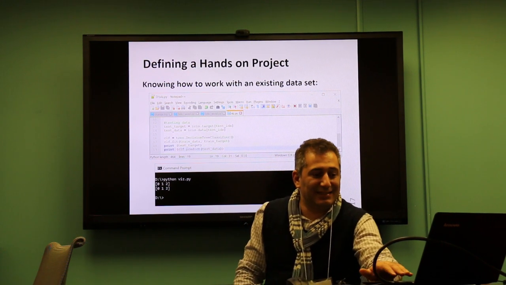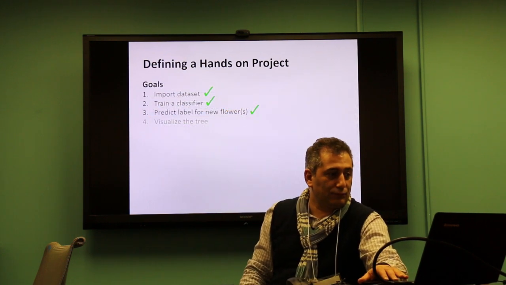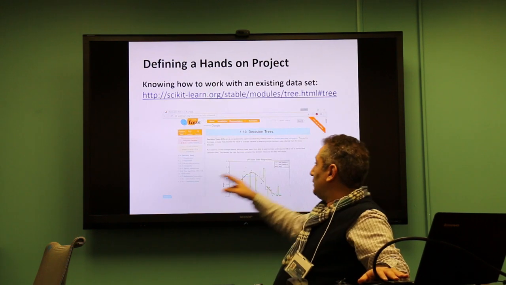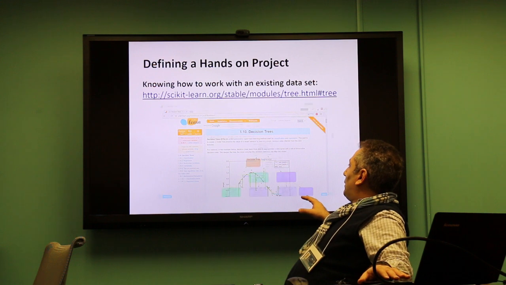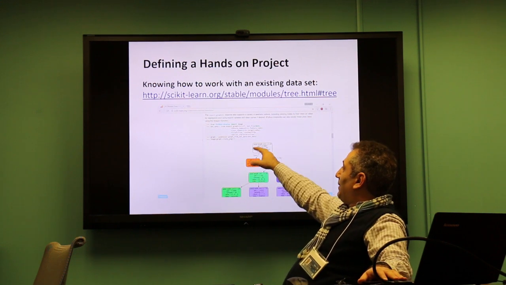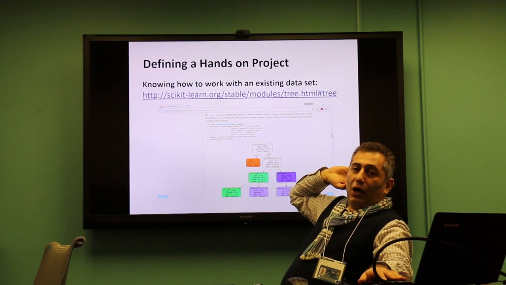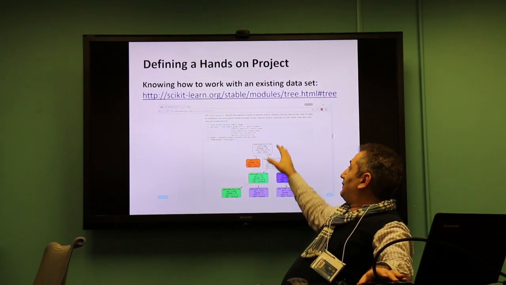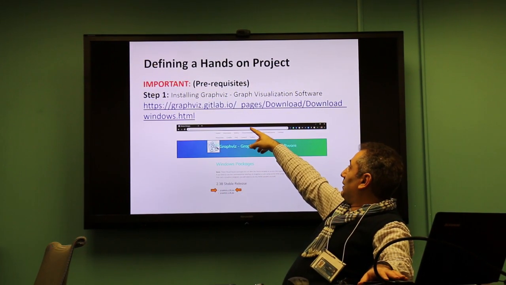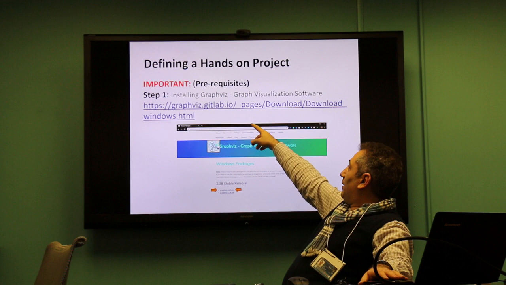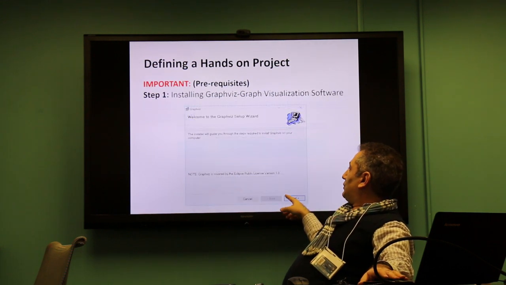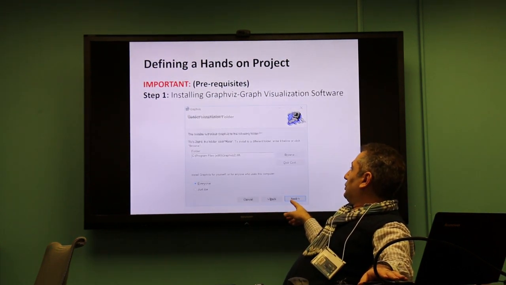Okay, by saying that, I just wanted to have a visualization of what's happening, so I just copied and pasted this code from the website, and for doing that, you need to install GraphViz. So I just showed you, and this is the updated version.